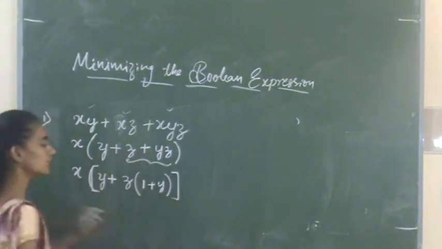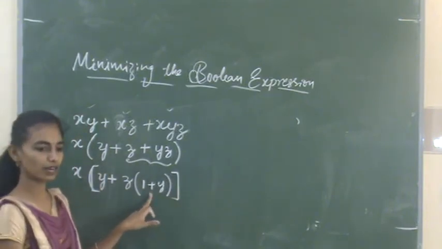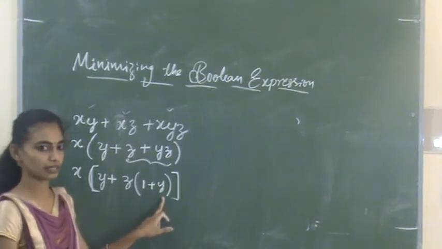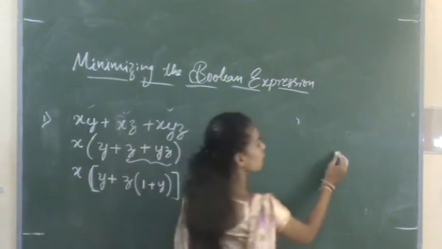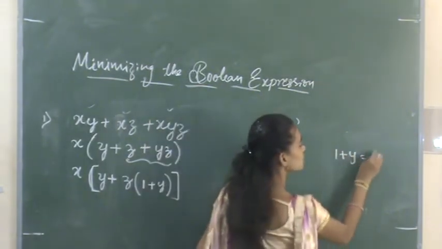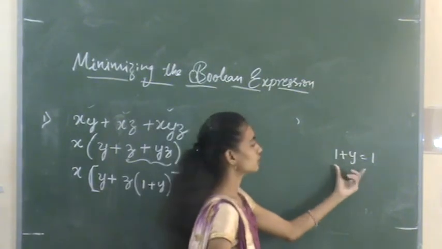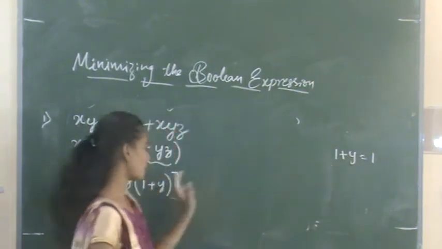Right. So we know that according to the property, 1 plus y is equal to 1 only, or we can call this a tautology, right? So this concept we are applying here.